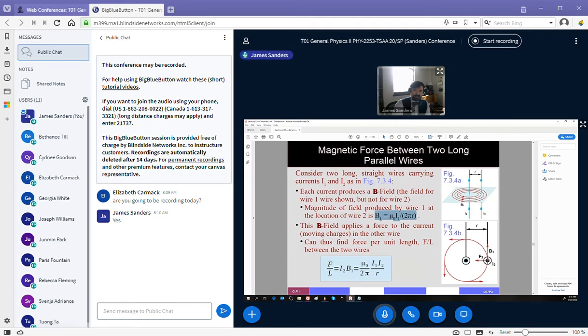Then substituting our magnetic field B1, we end up with mu naught over 2 pi times I1, so that would be B1 over R. All of that is B1, and then that times I2. All right, so that is your force between two parallel wires.